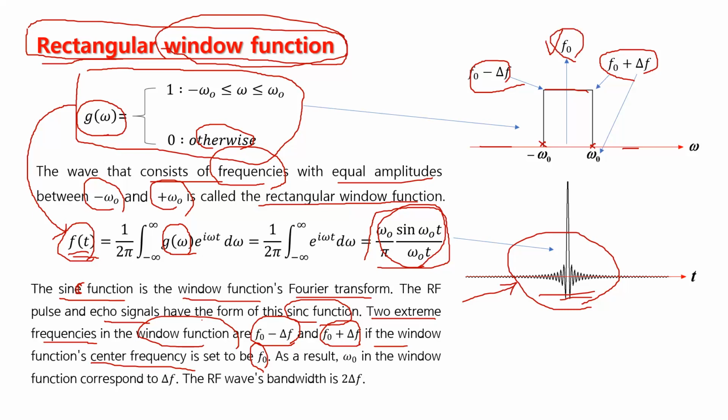As a result, here omega 0 in the window function corresponds to delta f. The RF wave's bandwidth is 2 delta f.